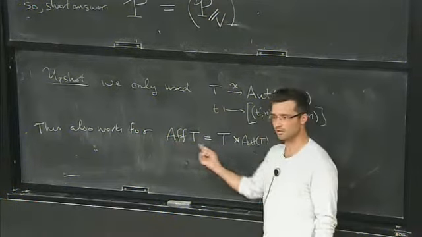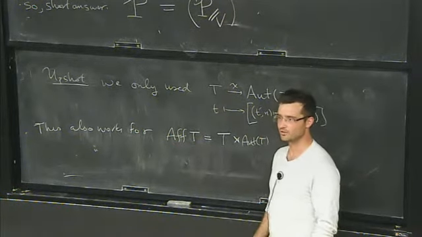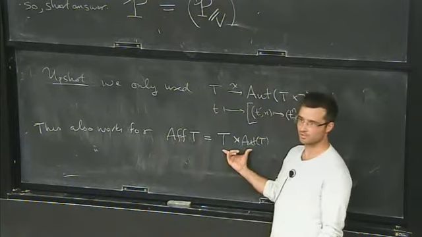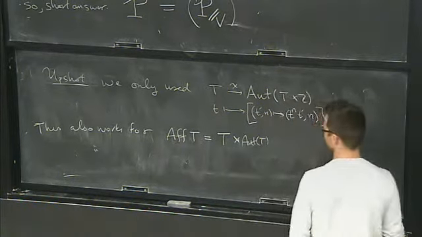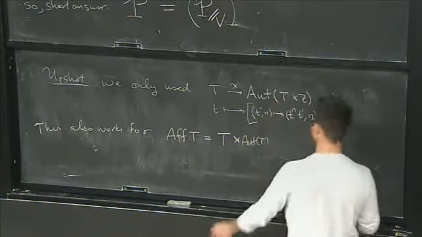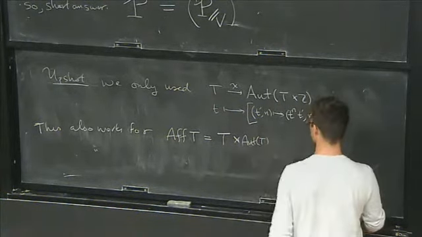So this is a bigger group than T, and you call something an affine torus bundle if this is its structure group. So an affine torus bundle is worse than a torus bundle. It has less structure, because it has a bigger structure group.